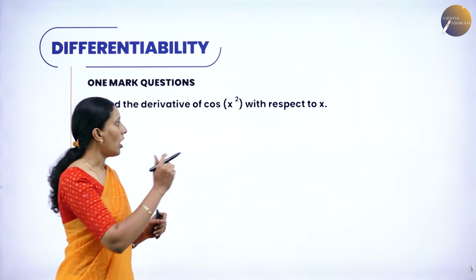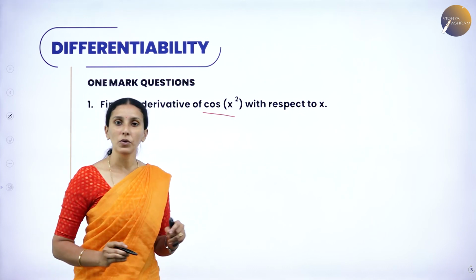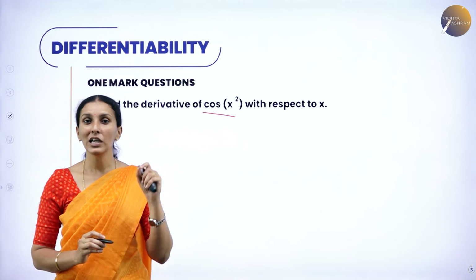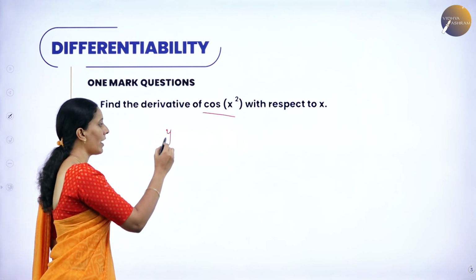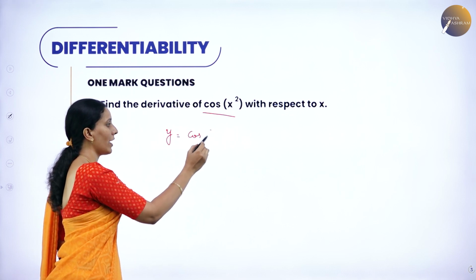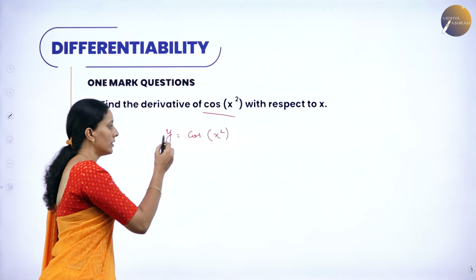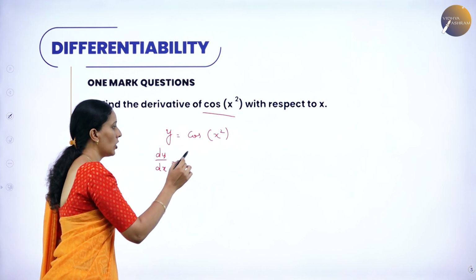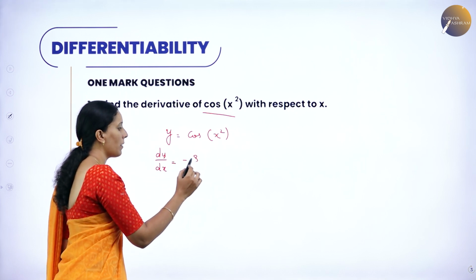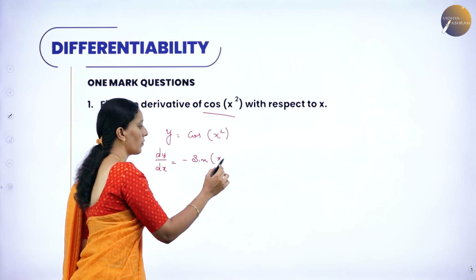Now here cos of x square is a composite function. So we are going to use the chain rule here. Let me take y is equal to cos of x square. Derivative of y is nothing but dy by dx. Derivative of cos of x square is minus sin of x square.